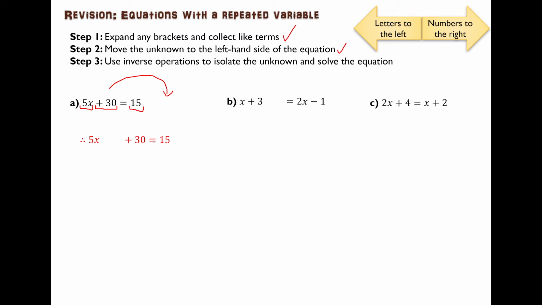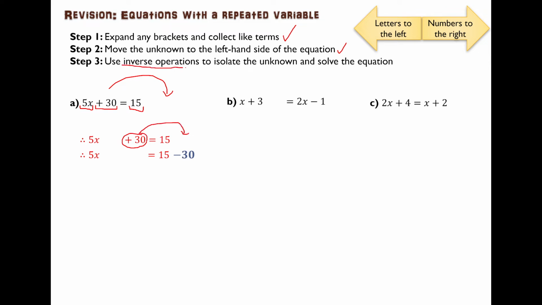The equal sign is going to stay here. The 15 I will copy down, but the plus 30 will move to the other side, and it becomes the opposite. So you can move terms from the left-hand side to the right-hand side and back, but when you move a term from one side to the other across the equal sign, it goes from positive to negative.